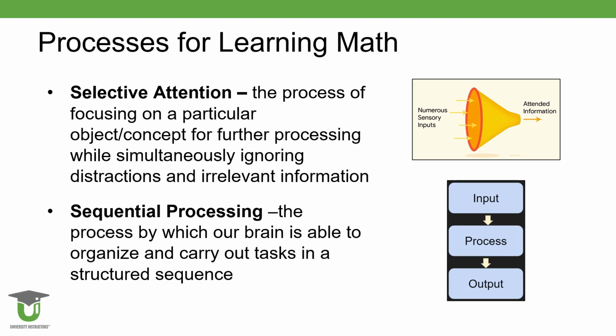It can contribute to feelings of frustration or inadequacy in chaotic environments, especially for students with learning differences or sensitivity to stimuli. Sequential processing refers to the execution of tasks or operations in a specific order, one after the other.